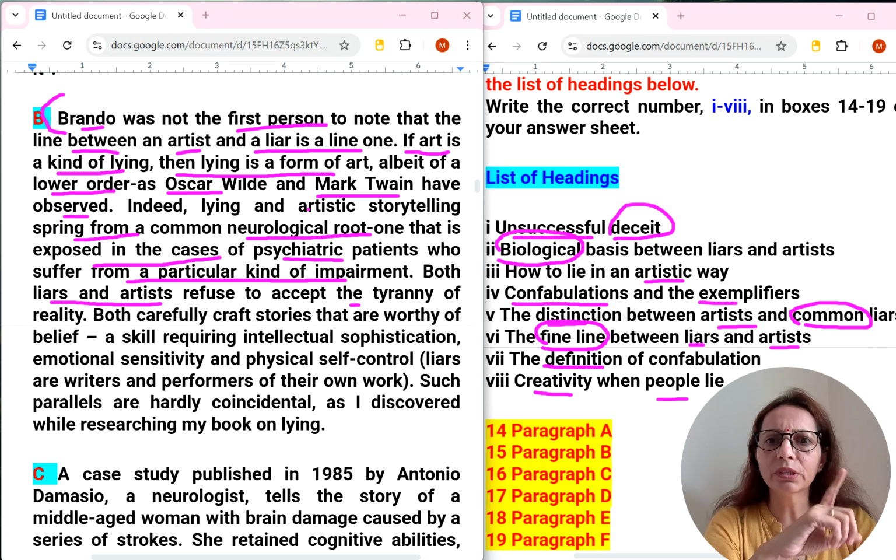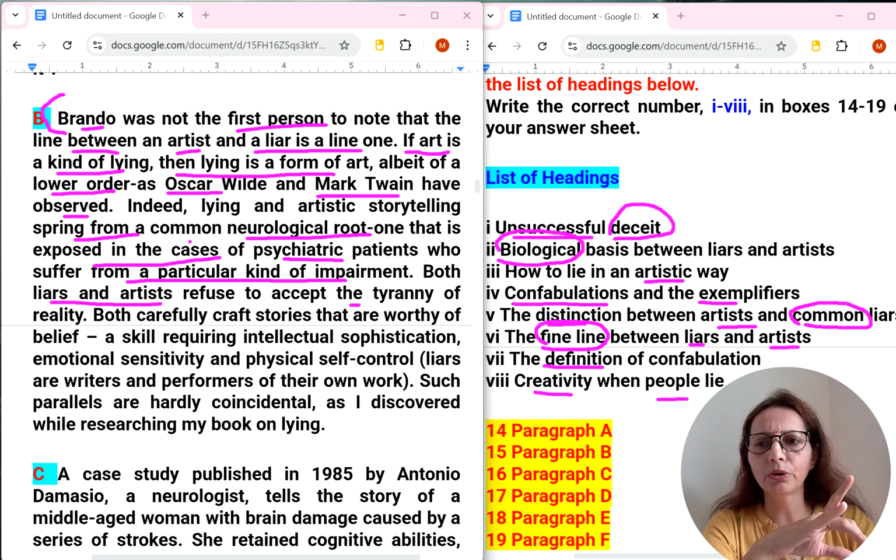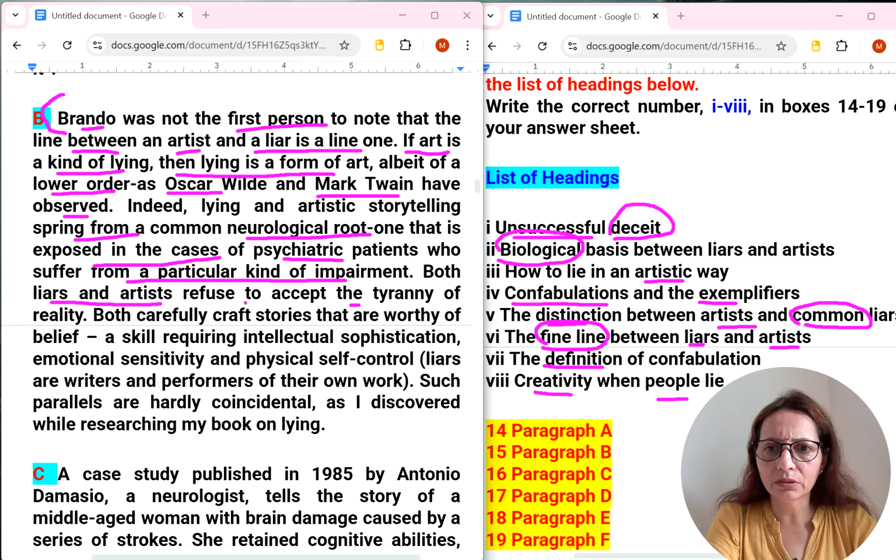I think they have started talking about this main topic, and neurological root is also related to the biological subject. So we can relate it to it, and furthermore they have started talking about what kind of things they are facing. Patients who suffer from a kind of impairment, both liars and artists refuse to accept the facts, both carefully craft stories that are worthy of belief, a skill.